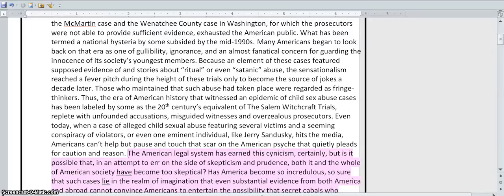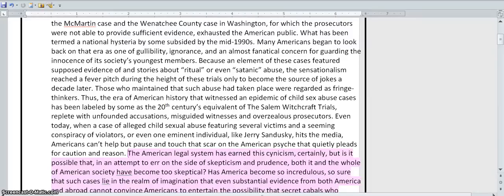Those who maintained that such abuse had taken place were regarded as fringe thinkers. Thus, the era of American history that witnessed an epidemic of child sex abuse cases has been labeled by some as the 20th century's equivalent of the Salem witchcraft trials, replete with unfounded accusations, misguided witnesses, and overzealous prosecutors.